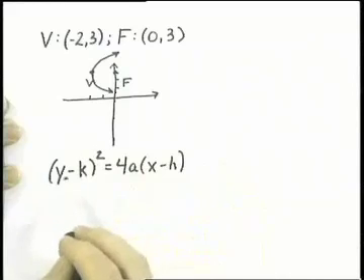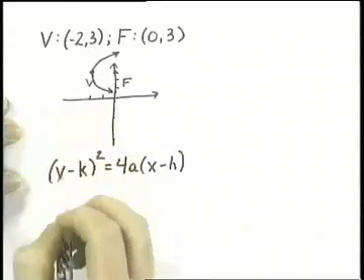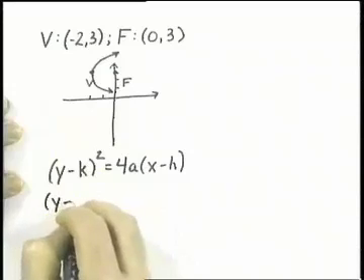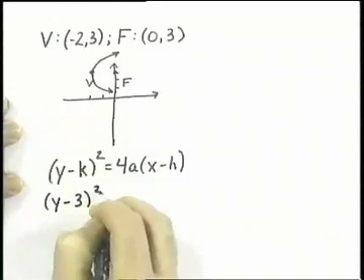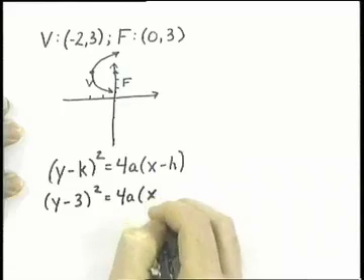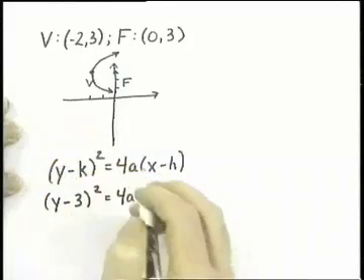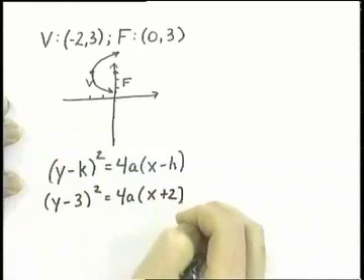So we right off the bat know that k is the y-coordinate of the vertex, 3, so we have y minus 3 squared equals 4a times x minus h. That's x minus a negative 2, or x plus 2.